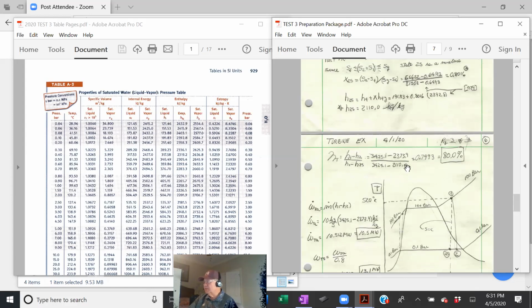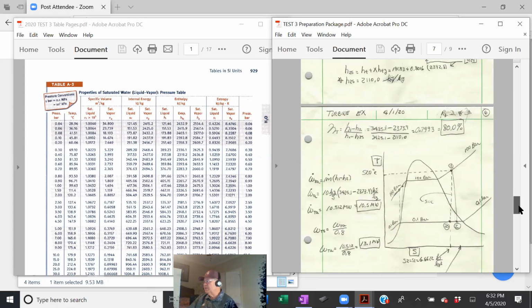H1 minus H2S is a bigger work. Theoretical is always bigger of what you want. I want work. H1 minus H2S is bigger than H1 minus H2. So if I forget how this equation goes, I know that's the way it has to be. I get 0.7993 or 0.80, which is 80%.